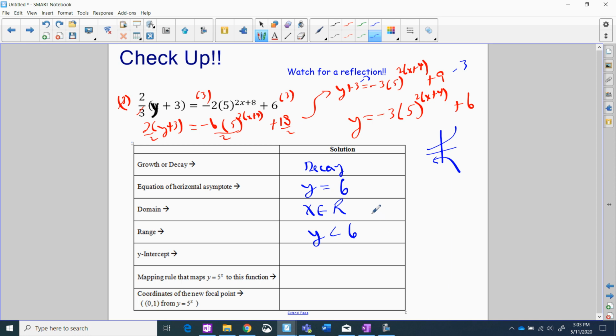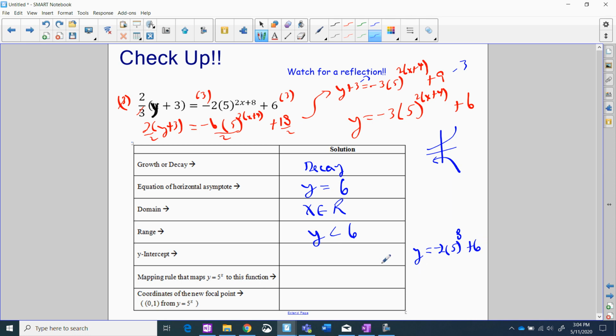Our y-intercept here, let's see what happens. If I put 0 in here for x, I'm going to get y equals negative 3. So 2 times 0 is 0 plus 8, so it's going to be 5 to the 8. And then I'm going to have a plus 6.